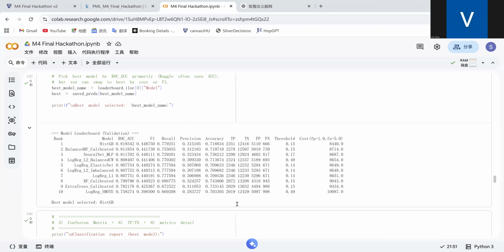Importantly, I introduced a cost-sensitive evaluation framework, where false negatives are penalized more heavily than false positives. Based on the cost function, I tuned the classification threshold instead of defaulting to 0.5. This is especially crucial in healthcare applications, where missing a positive case can have serious consequences.